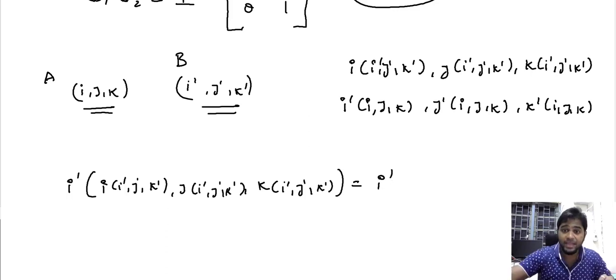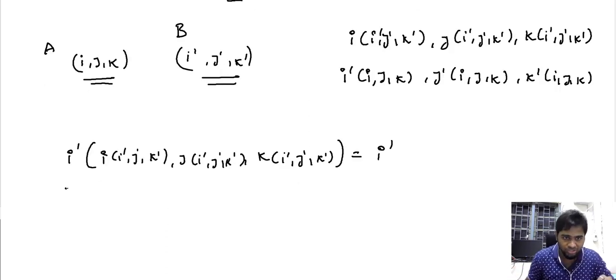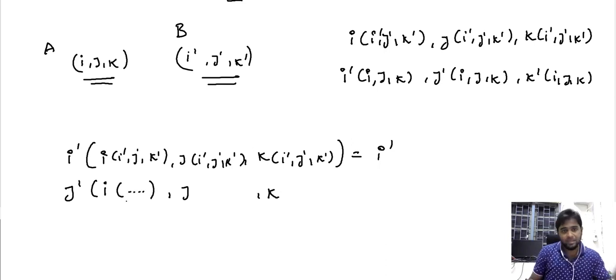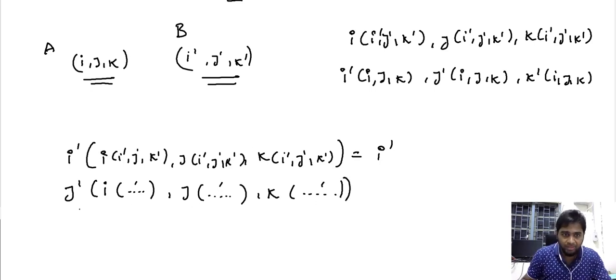The same can be extended to j prime, where j prime can be expressed as a function of i, j and k, and i, j and k are functions of i prime, j prime and k prime. When I treat my function of j prime in this manner, I will be able to recover the independent variable j prime.